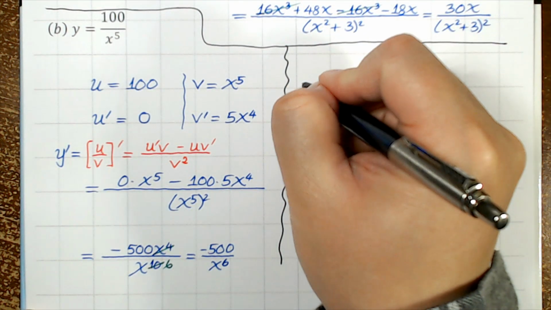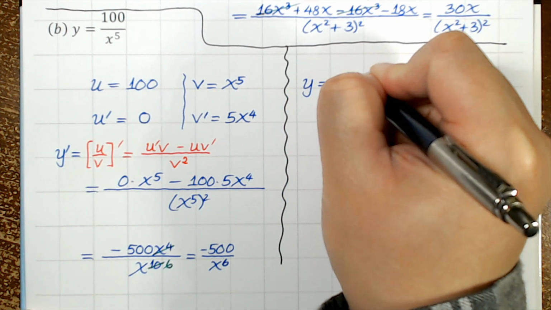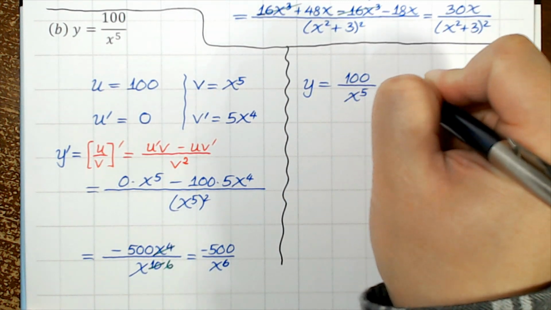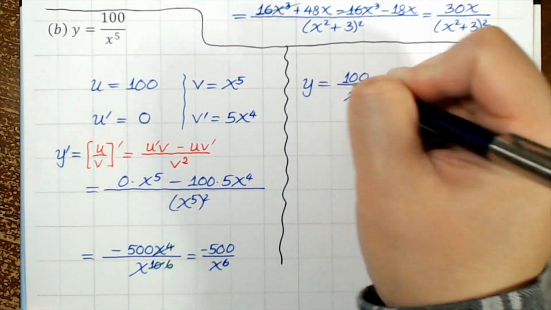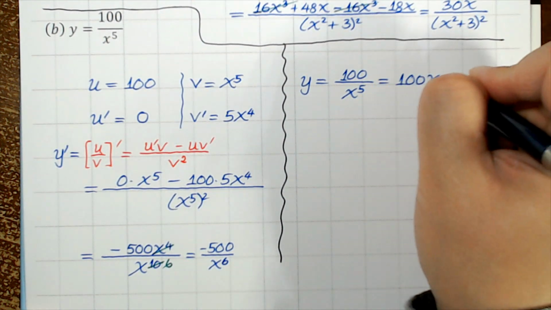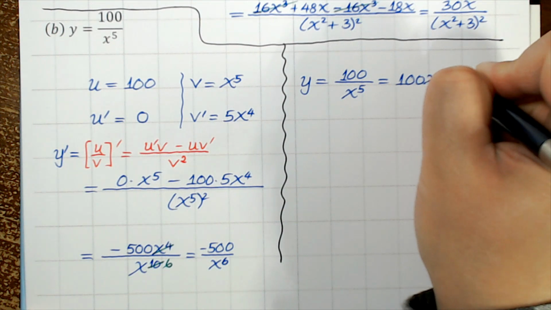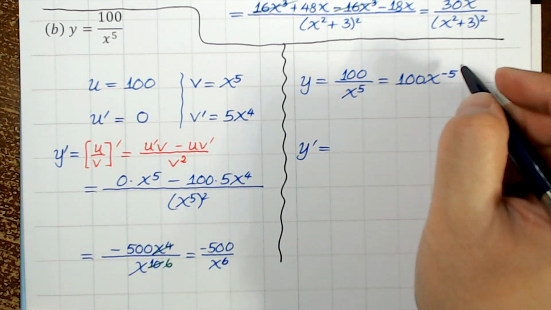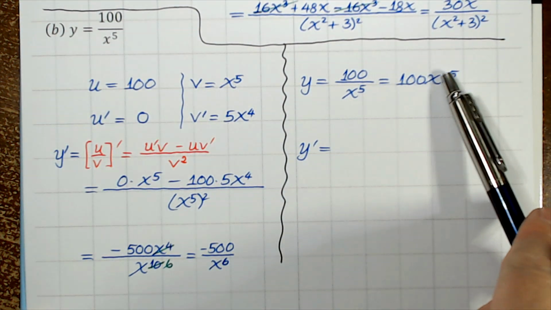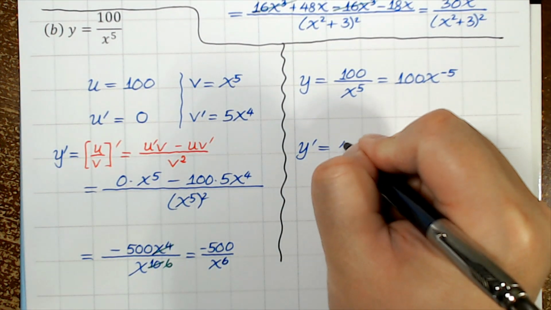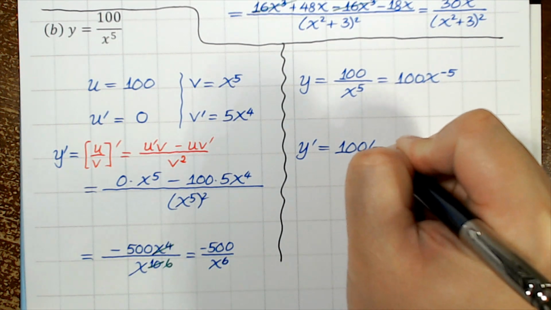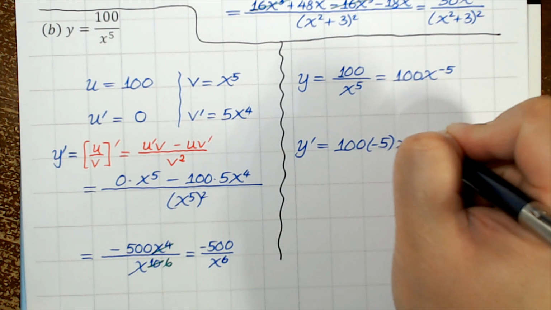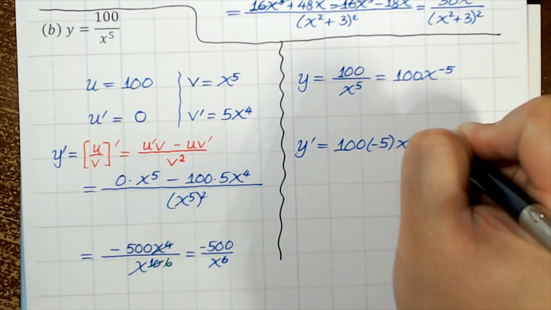We don't need to use the quotient rule. We can write 100 over x to the fifth as 100 times x, move to the top, it becomes negative 5. Now when we take the derivative, that's just the power rule. Take the negative 5 down, and the original power minus 5, subtract 1.